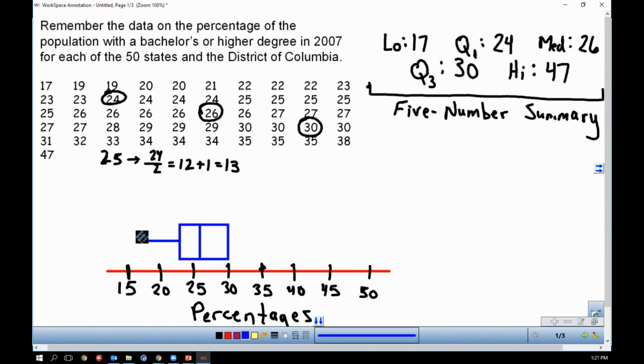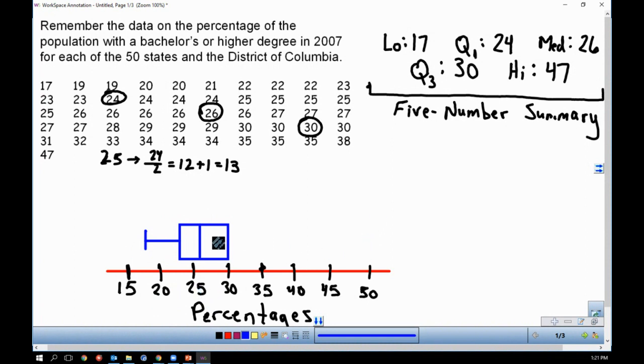And I tend to, you don't have to do this, but I tend to like to put a little bar there that shows, hey, I stopped here. I stopped there.